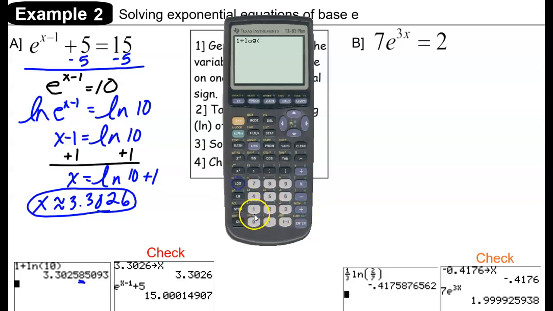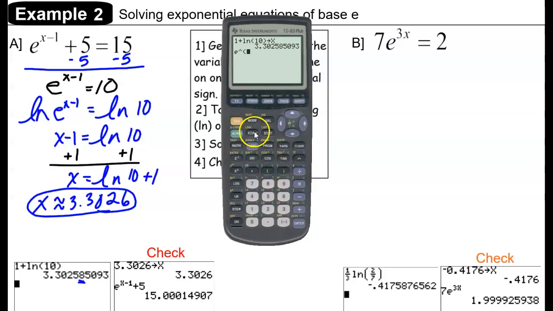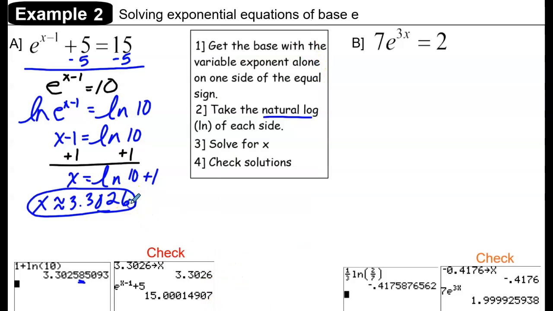So 1 plus the natural log of 10, and then store x, enter, and then we'll do e raised to the x minus 1 power, plus 5, and then the equal sign, and a 15. So when we press enter, we get back a 1, which shows that that value checks.